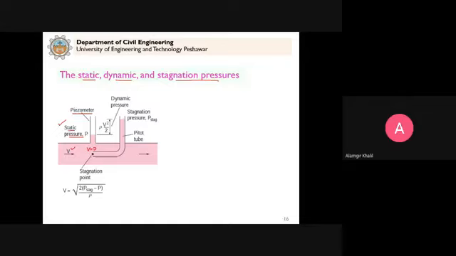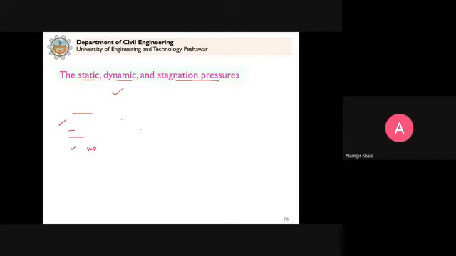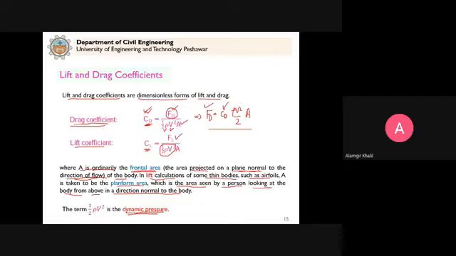And that's why you can see here that the water will rise to this level in the pitot tube here. Clear? So this term, half rho v square, is known as the dynamic pressure that we are using here. This is the dynamic pressure.